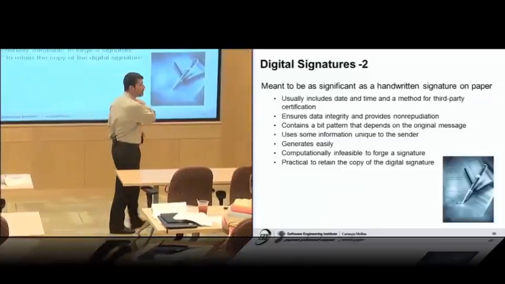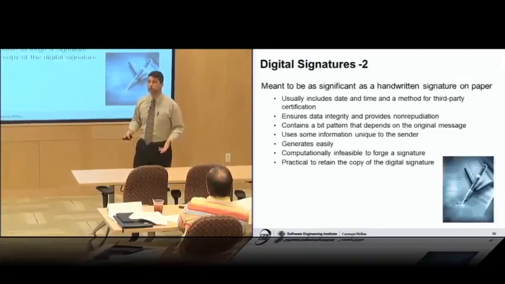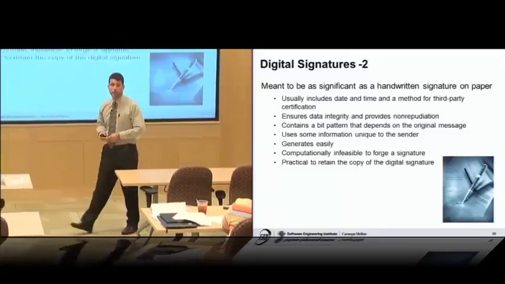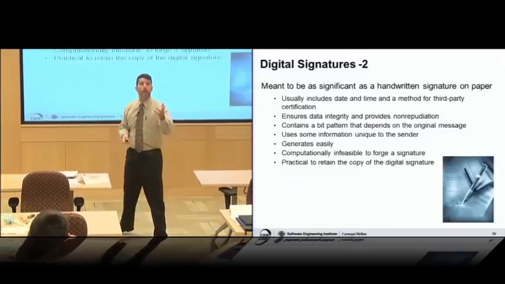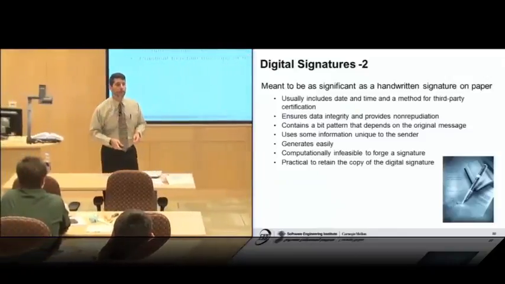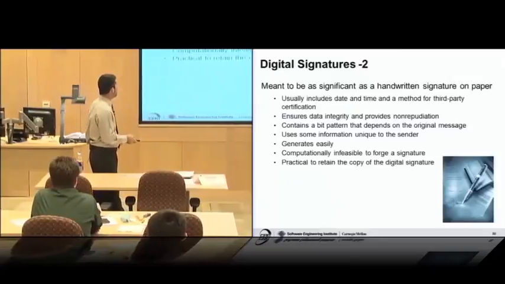So we include the date and time on our digital signature so that we can compare it against the certificate revocation list, right? If it was issued after that certificate's already been revoked, we know it's not a good signature. Good. And all those other reasons that I forced Gregory to give us. Thank you, sir. That was well done.